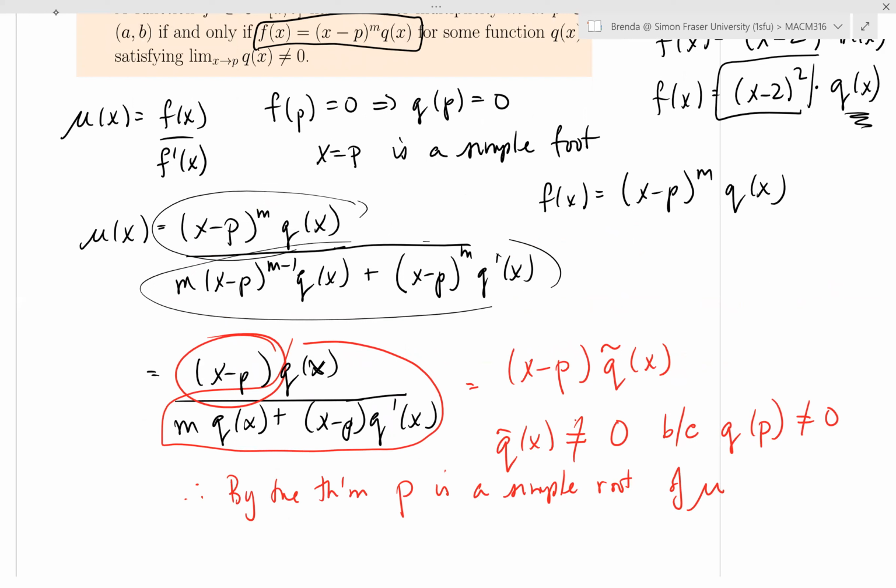Oh, sorry, yeah, you're right. I was starting here, and I'm starting here. Thank you for noticing that. If this is 0, then this is 0, so long as this is not 0.